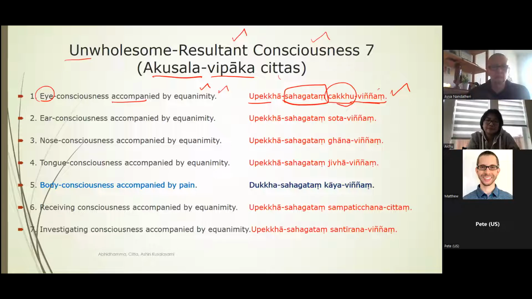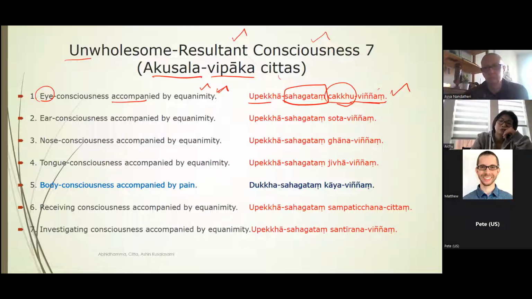For example, someone sees flowers, and this consciousness, cakkhu vinnana or eye consciousness, only registers the color and so on; it does not decide. I always give the example of an old camera. I don't know if you know it: this is not a digital camera, but the kind from when I was young, where you had to put a film inside. The camera cannot do anything, it just takes the object.